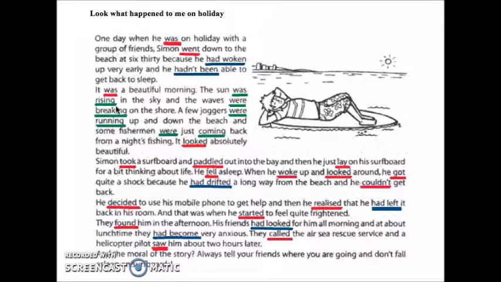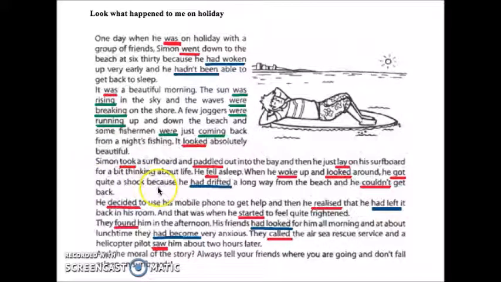So it's like a mental picture that you have at that moment when Simon came to the beach. And then we've got the third one, this probably new tense, the past perfect.